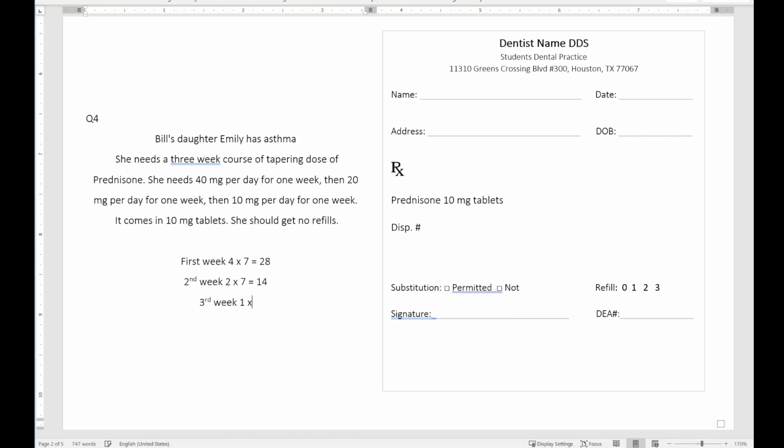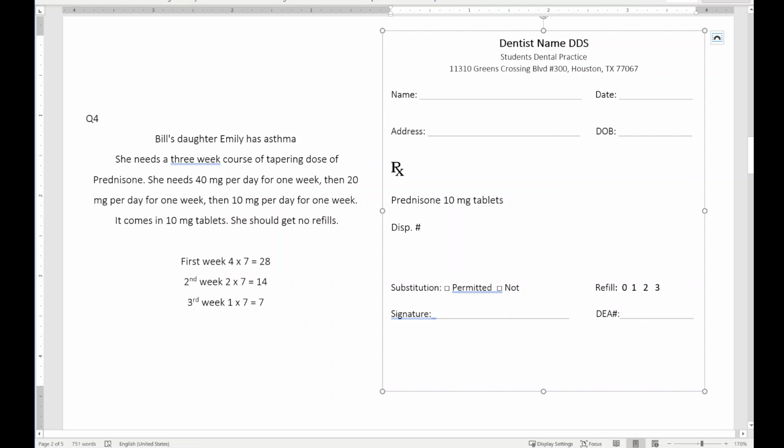She needs 1 tablet per day by 7 days, which is a week, which equals 7. Right? So this would equal what? 49, right? 49. He needs to just dispense 49.